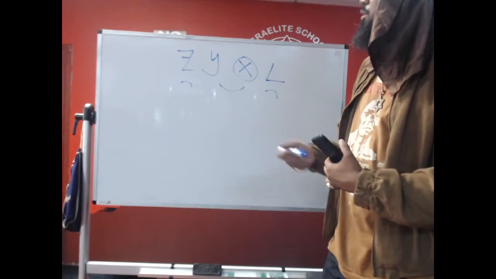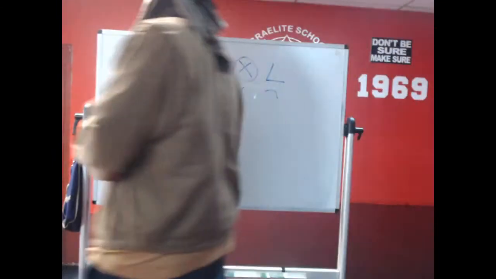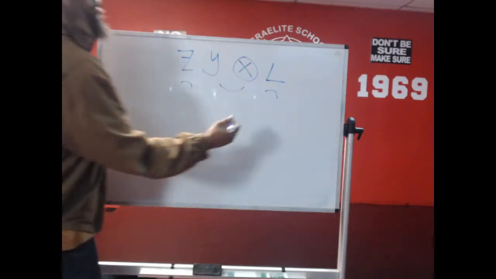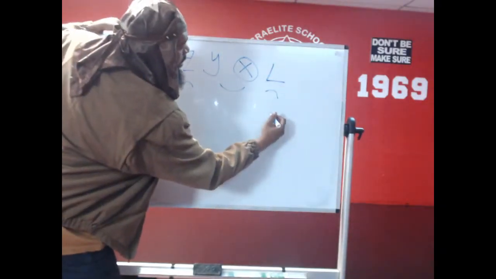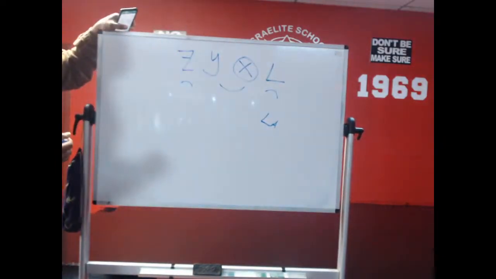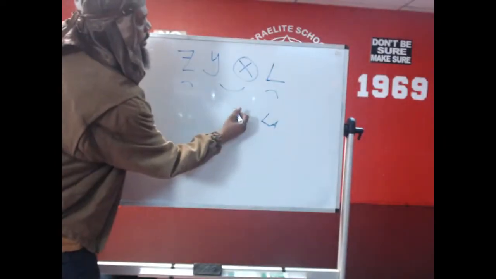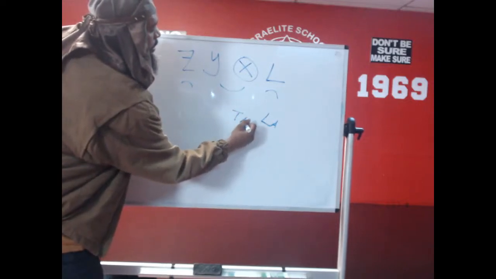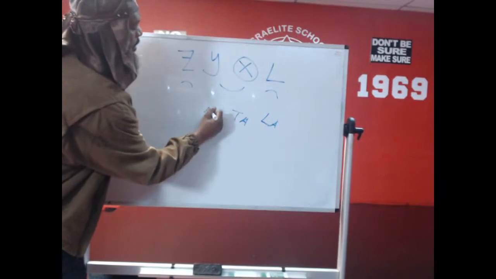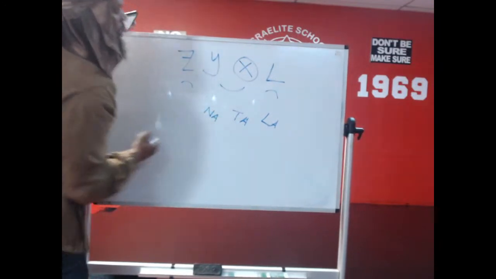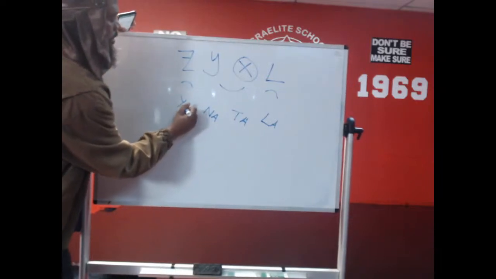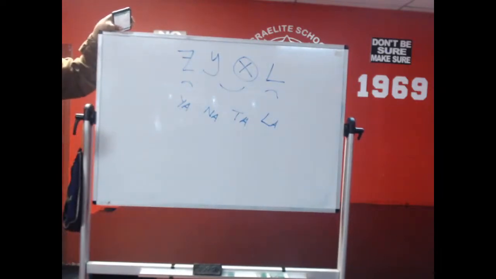So now, looking at our letters, what we just went over for the alphabet. So we have La, remember we have Ta, we have Na, and Ya.